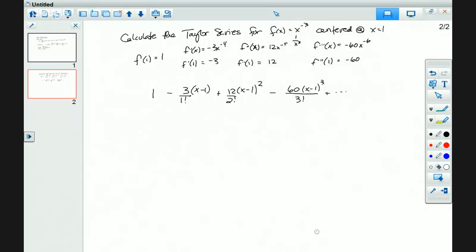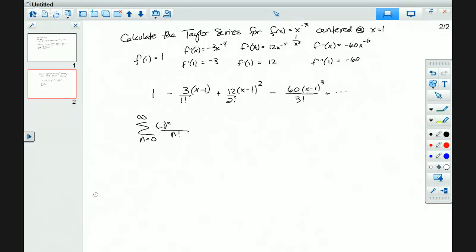Well, it's alternating, right? We want to start at 0 or at 1? Okay, so it's alternating. That's 1. The next term is negative 1 to the 1, which is negative. How am I going to generate these numbers? Okay, over n factorial, right?